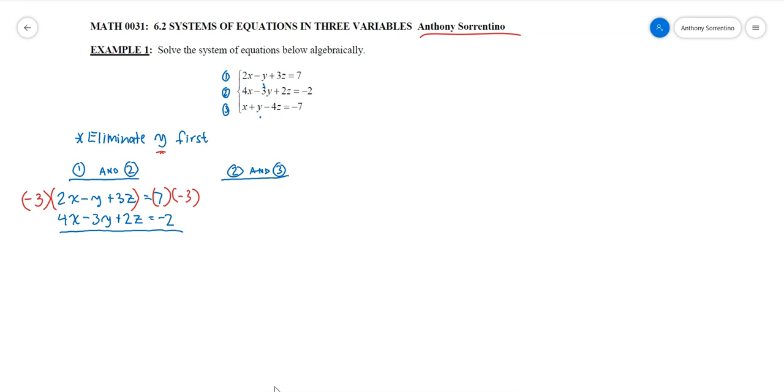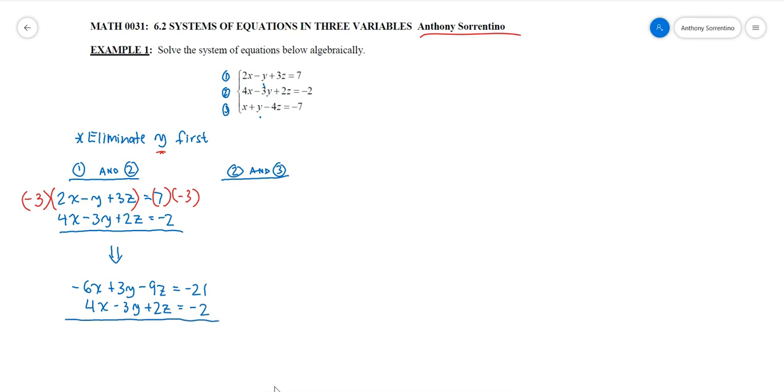And so this equation, this system, is going to become a -6x plus 3y minus 9z equaling a -21. This one's going to become 4x minus 3y plus 2z equaling -2.